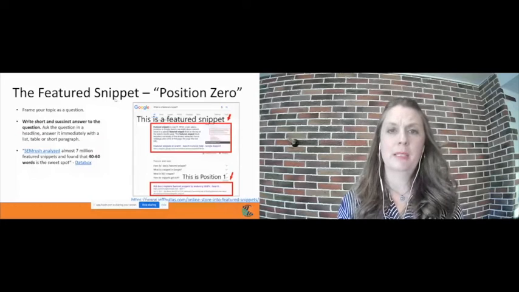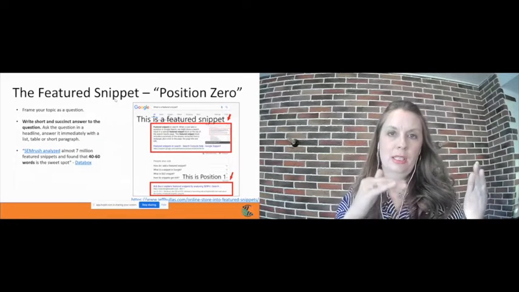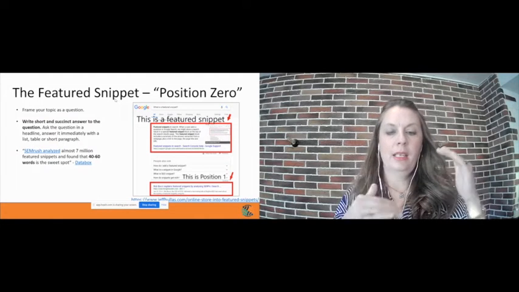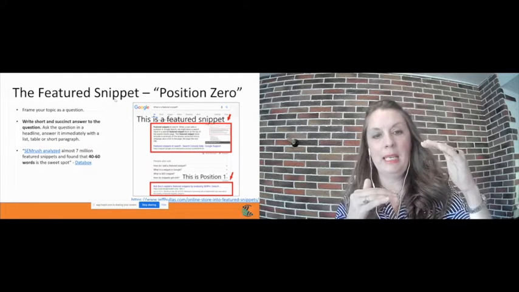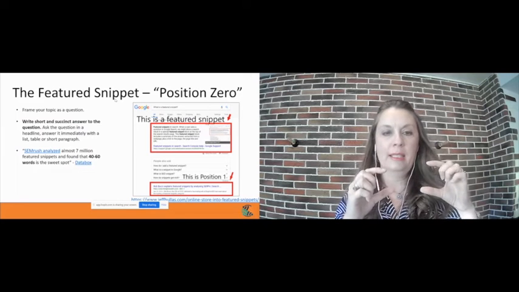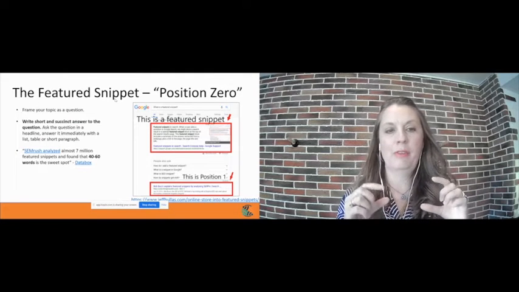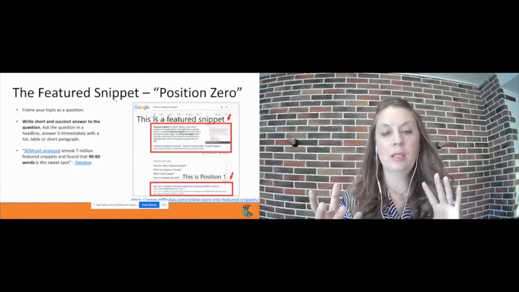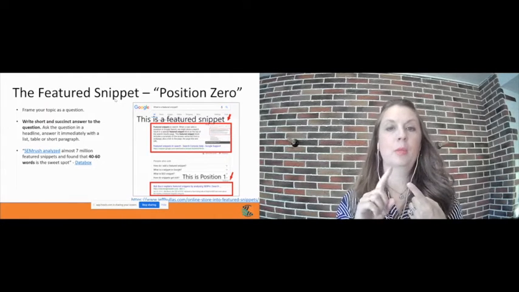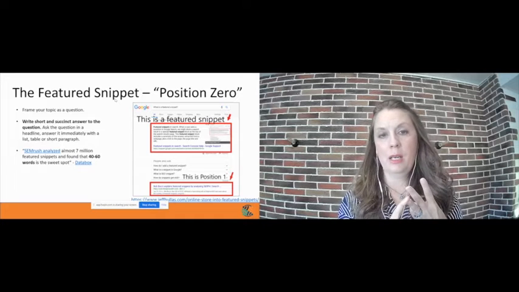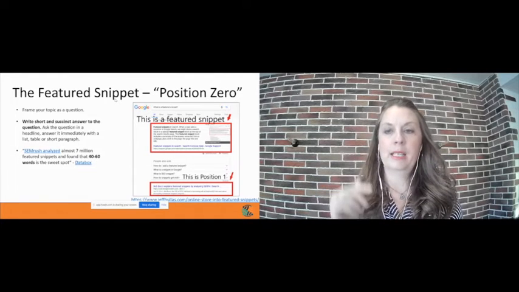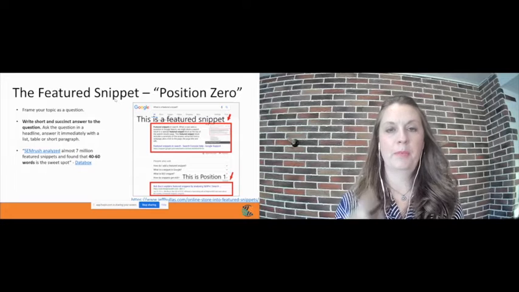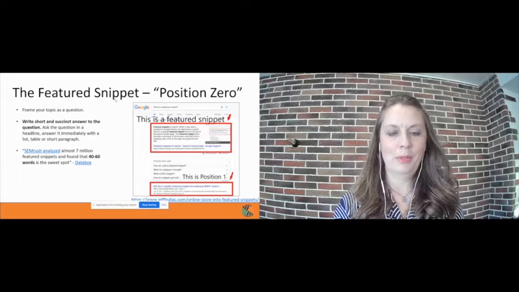It's really worth spending some time on this for keyword research. So then you want to ask the featured snippet question in your post, and then answer it immediately with short text. And they say that about 40 to 60 words is the sweet spot. A snippet can also be, in addition to a paragraph, a table, a list, or a video. So like a bullet point list or an ordered list, 1, 2, 3. So again, if anyone gets that position 0, I would love to hear about it.